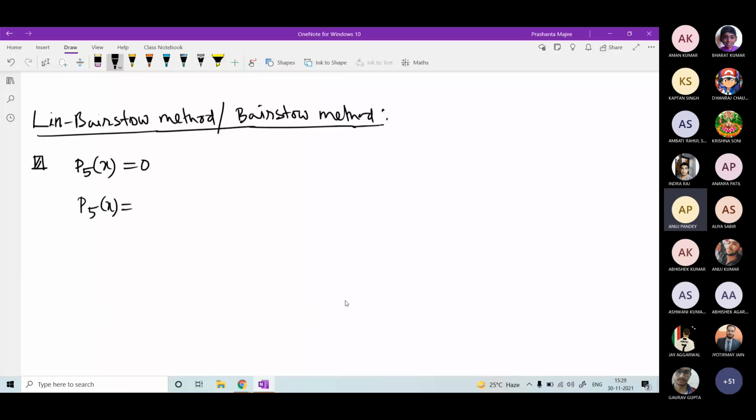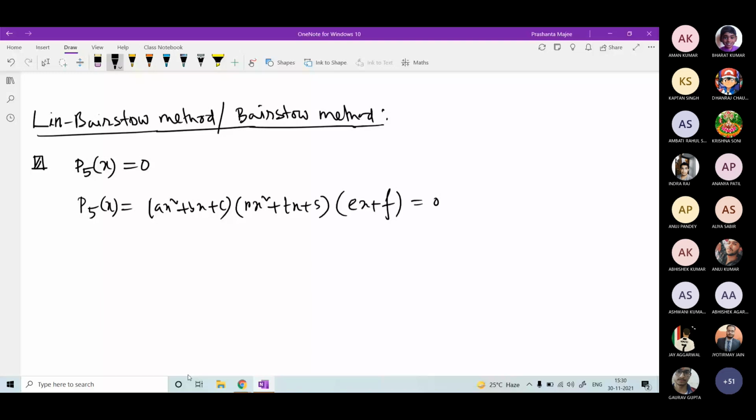So it will be, let's say, ax square plus bx plus c as one quadratic factor, another will be rx square plus tx plus s, and another linear factor ex plus f. So p5(x) can be written in this way.